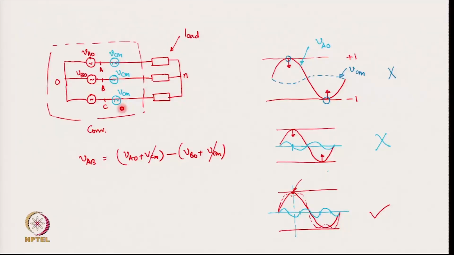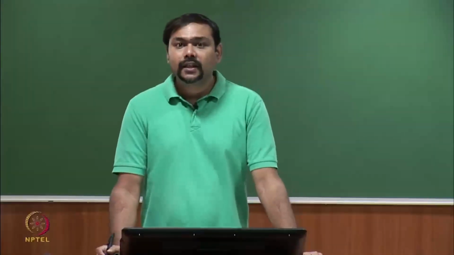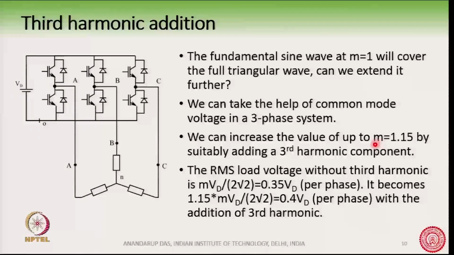In fact, this is the reason where we can go a little bit higher than m equal to 1, and we will see the mathematics now. With the help of this third harmonic addition, the modulation index can in fact be extended up to m equal to 1.15.